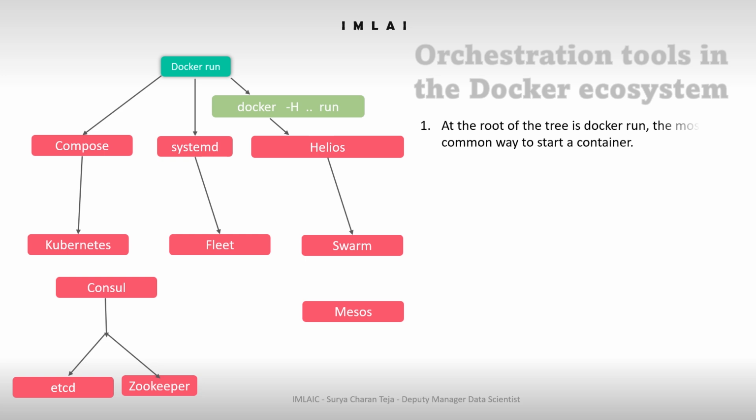You can see here: Compose, Kubernetes, Consul, etcd and Zookeeper. They treat groups of containers as a single entity. I will come into that. What is that? It's called a cluster.